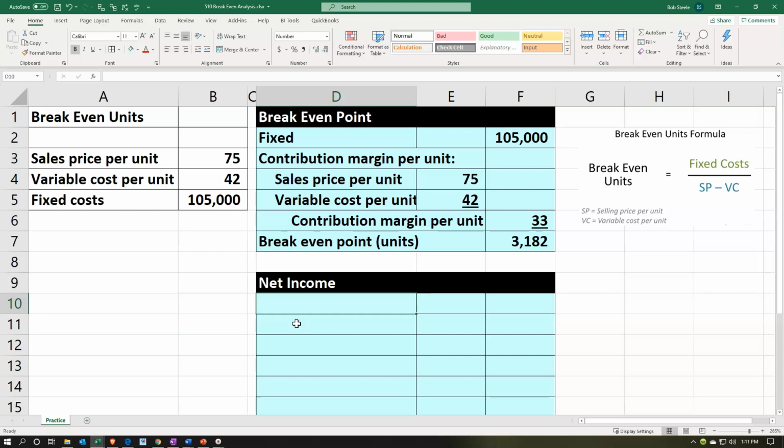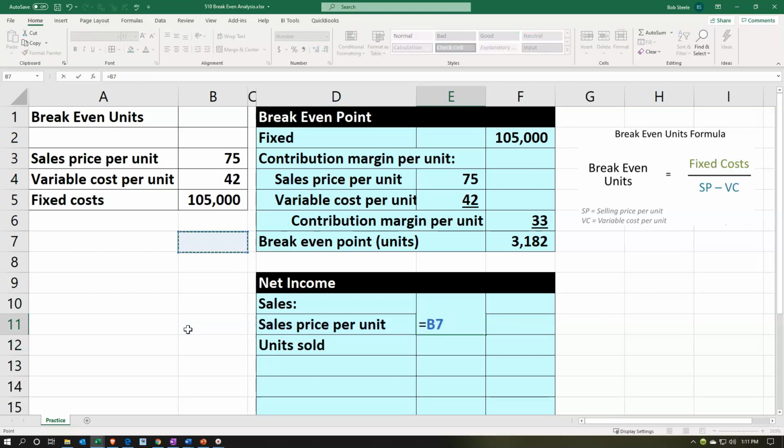So it'll look a little bit different, but similar, right? We're going to say, let's calculate the sales. I'm going to say the sales are going to be the sales price per unit times the units sold. So let's pick that up. We're going to say the sales price per unit is going to be $75. We're going to prove this by saying, hey, we're selling this many units that we got to on the break-even analysis.